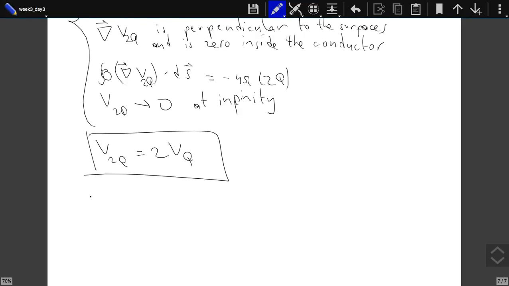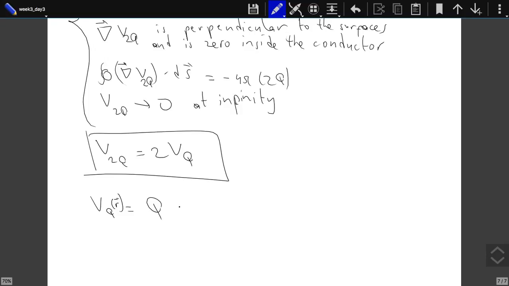So this basically tells me that the potential created by this charge distribution is actually proportional to Q times some, well, the potential at the point R, let's say. It's Q times some number, some function.